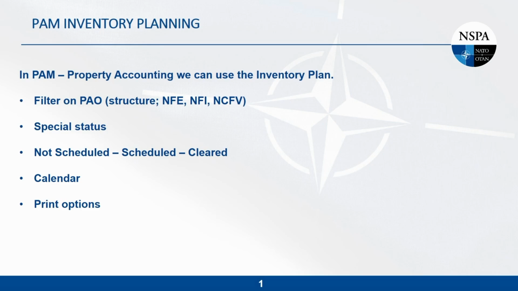We went through the different cycles of not scheduled, scheduled, and cleared. We showed you a calendar view, which you can customize, or let's say the view, how you would like to see the calendar. And we gave you some print options. Now in reporting services, there are a couple of reports already available for you. So if you would do your inventory plan and go to reporting services, you can print some really nice reports.